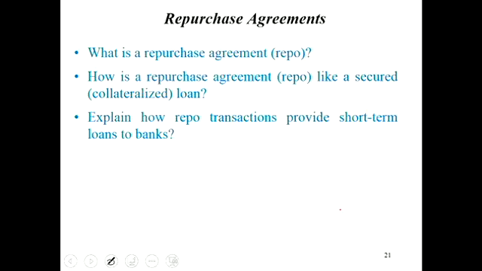But the key thing about it is that this date and this price are fixed at the time that the thing started. At the very time you start this agreement, you fix the day, or if it's a short term, say a 3-hour one, you fix the time, and you fix the price at which you'll buy it back.